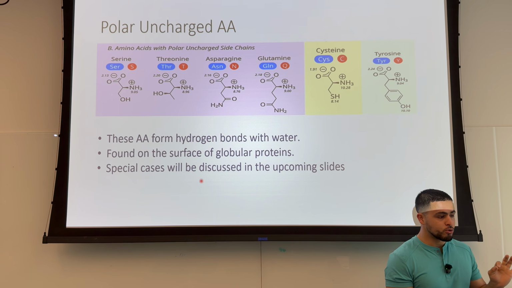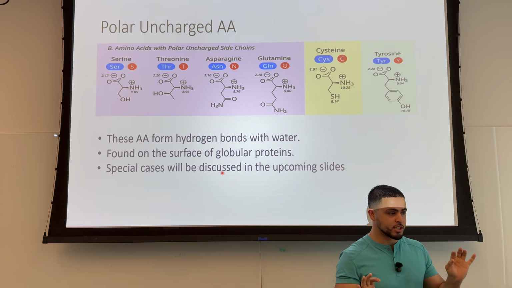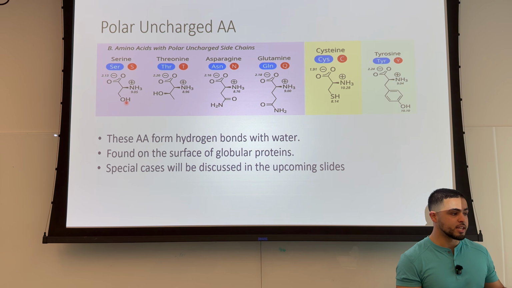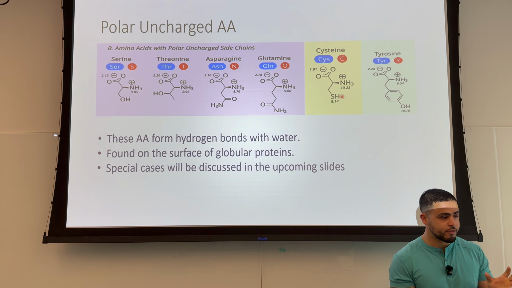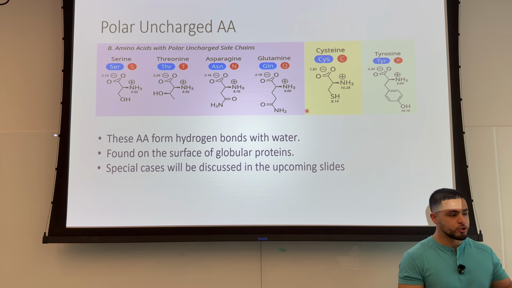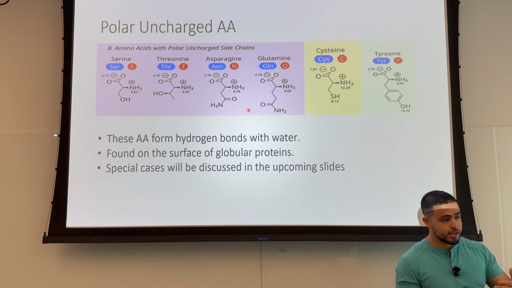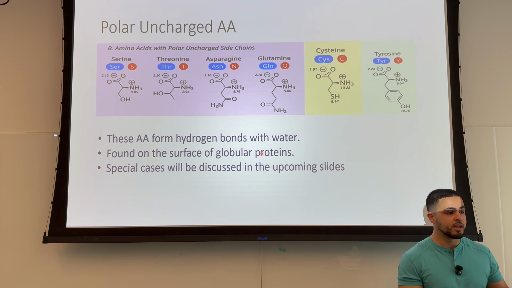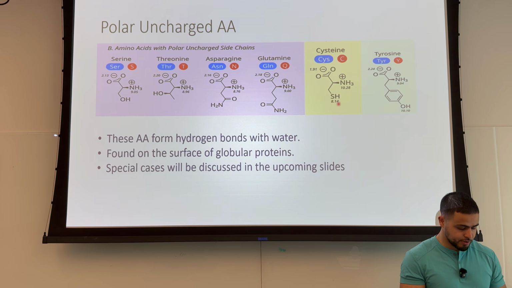And there are special cases that we'll discuss in upcoming slides, for example with these that contain hydroxyl groups. But what you'll notice in all of these is that they have some capacity to participate in hydrogen bonding and dipole-dipole interactions. So serine, threonine, and tyrosine have that hydroxyl group, and then asparagine and glutamine have the amide group, and finally cysteine has that thiol group over there.